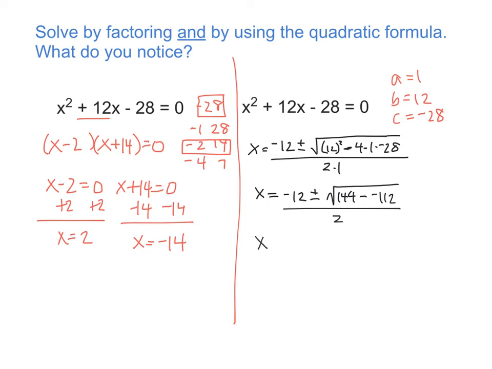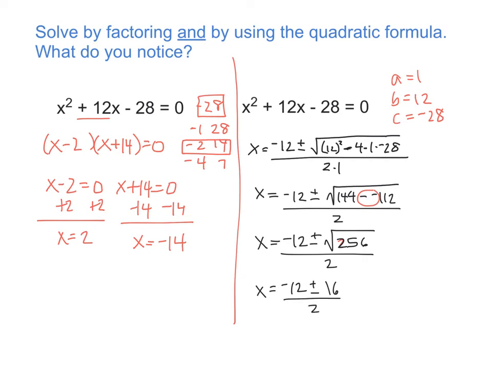So then we get x equals negative 12 plus or minus the square root of, remember right here this becomes a plus, this minus a minus, and 144 plus 112 is 256, all divided by 2. x equals negative 12 plus or minus, the square root of 256 is 16, over 2.